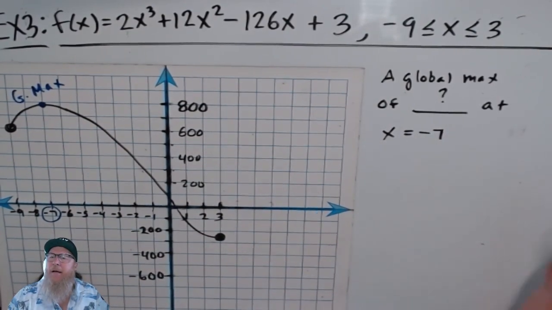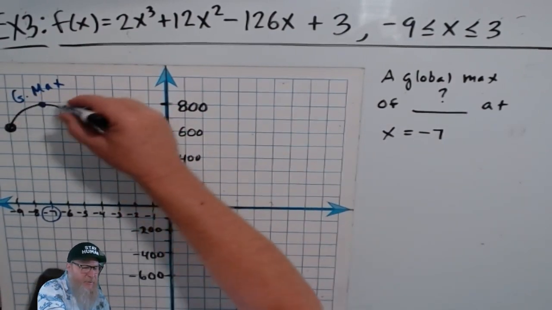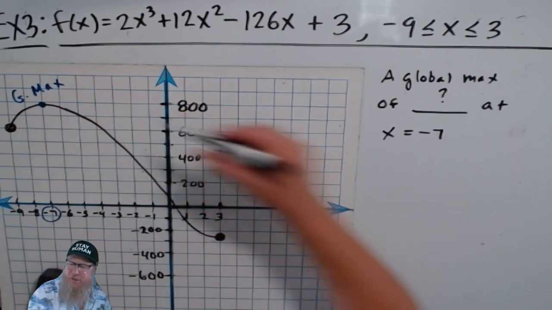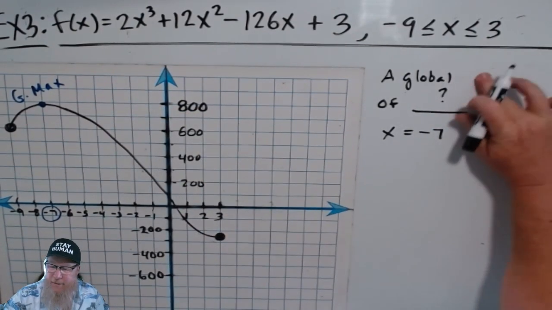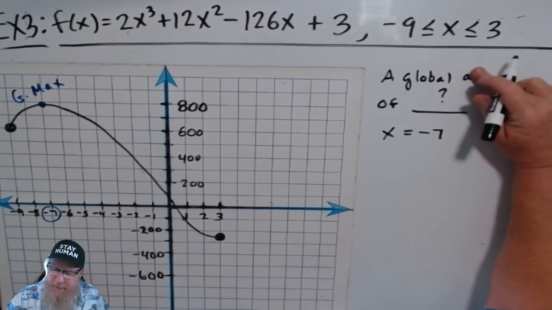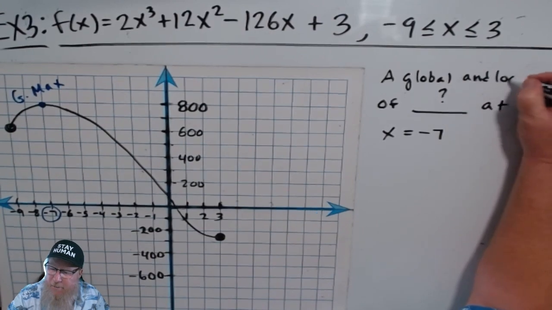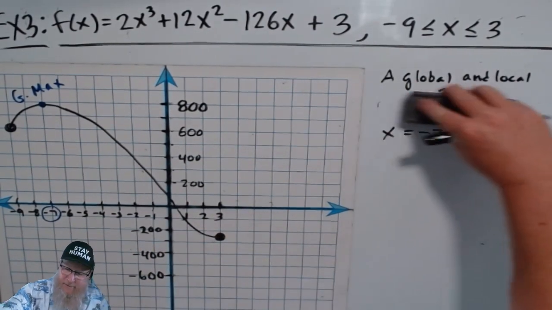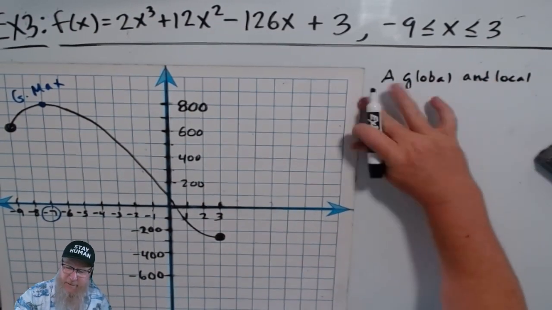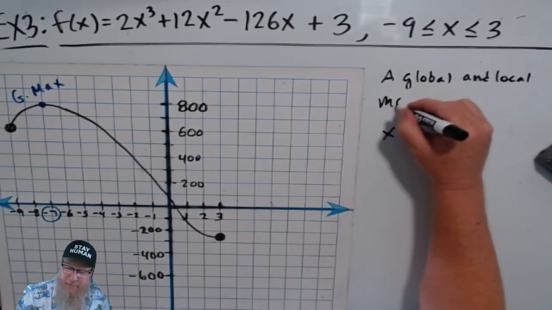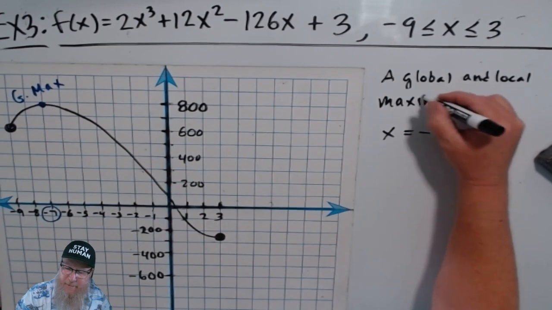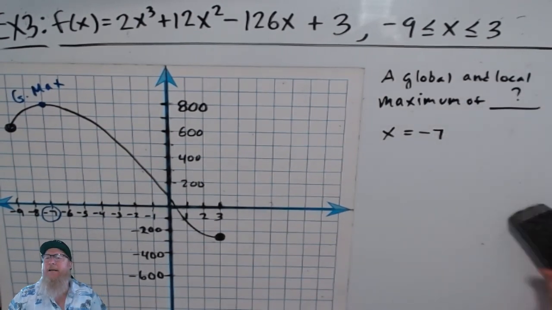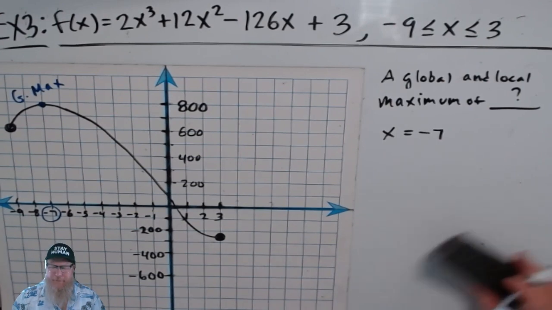Notice because the derivative is equal to 0 here, it's also a local max. So it's a global and local max. This board takes up all my space. All right, so I can tell that just by looking at the graph.